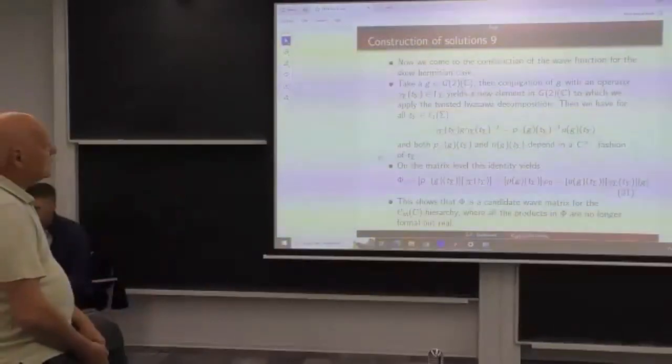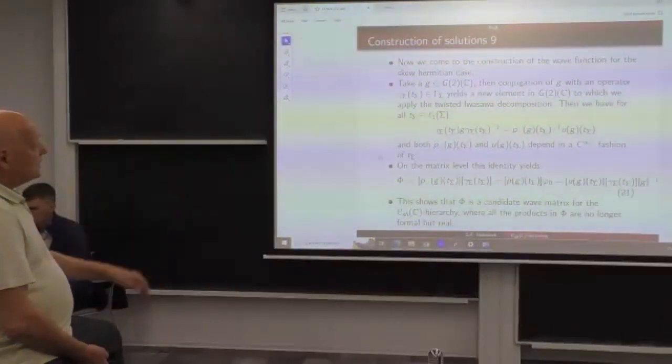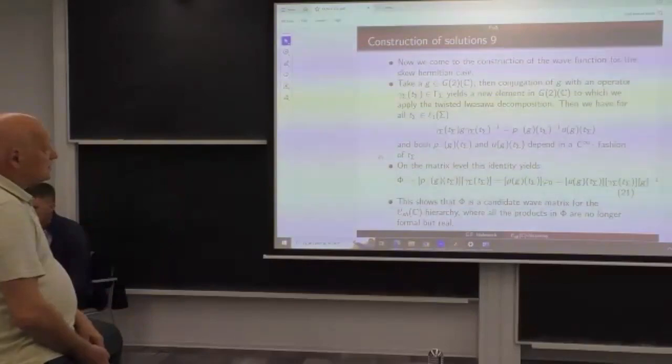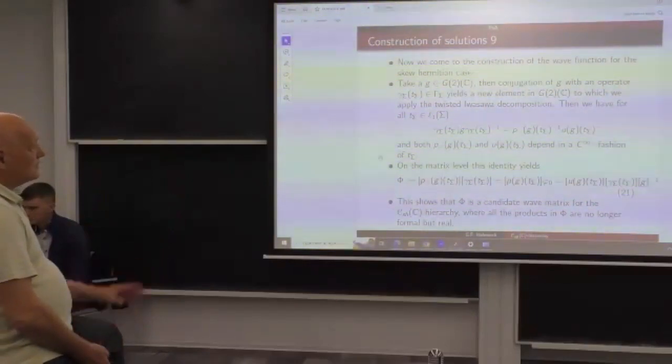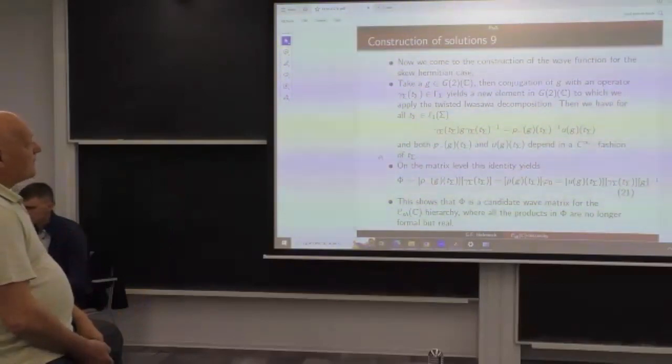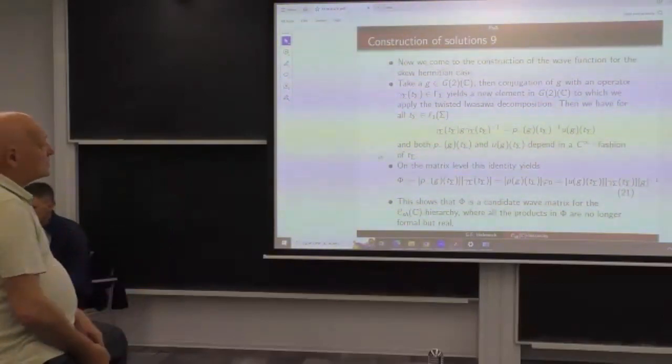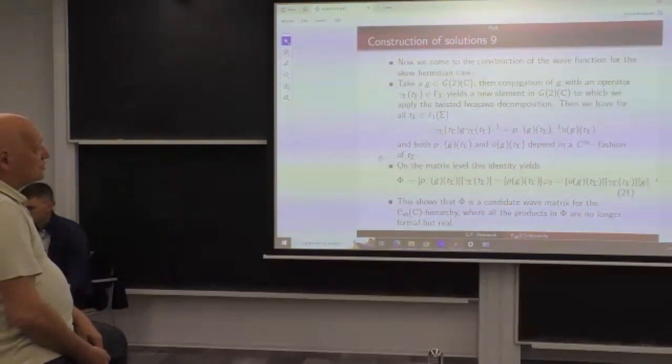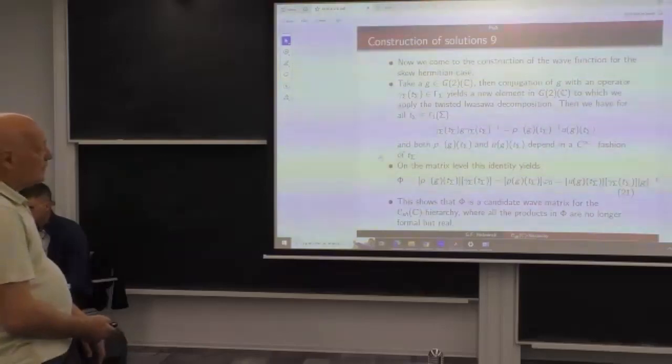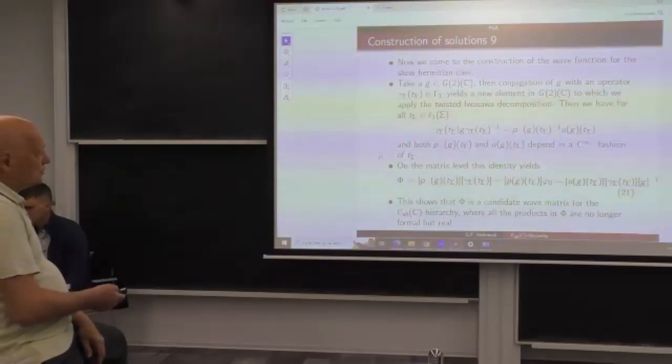What we do? We take a G in G2C and conjugate it with the flow group gamma sigma. Now then I get another element in G2C, and I apply the twisted Iwasawa decomposition.